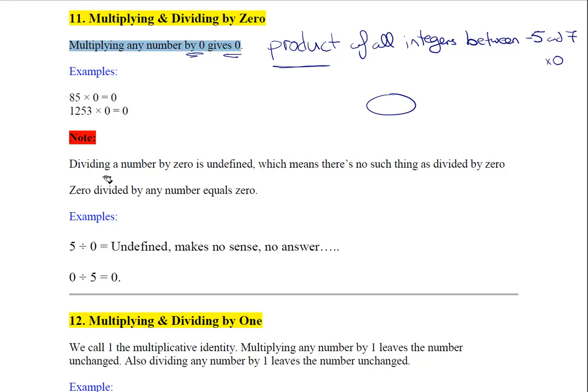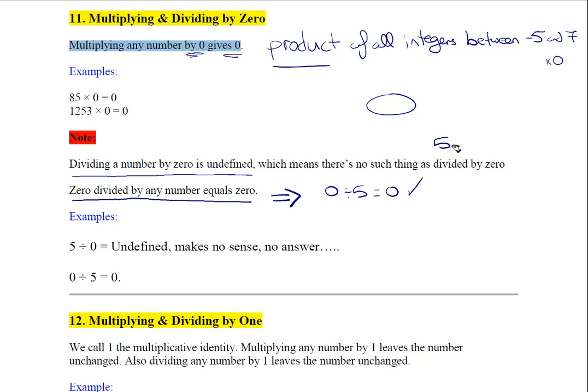Okay, now let's take a look at dividing. If you divide a number by 0, this is undefined. However, if it's 0 divided by a number, that equals 0. One more time. If I say 0 divided by 5, this equals 0. No problem here.